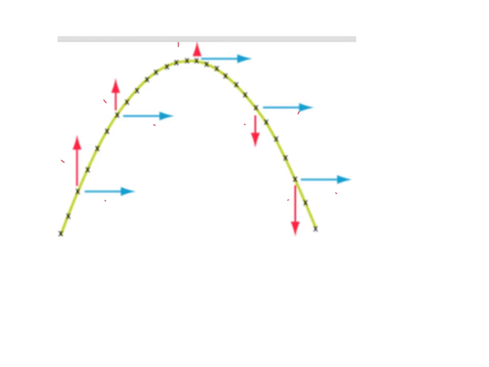The crosses on the diagram represent 1 second time intervals. So if we look at the horizontal distance between the crosses, this is trying to show that they are all equal, because the distance travelled per second will be remaining constant, because as we've said, the horizontal motion is a constant velocity.